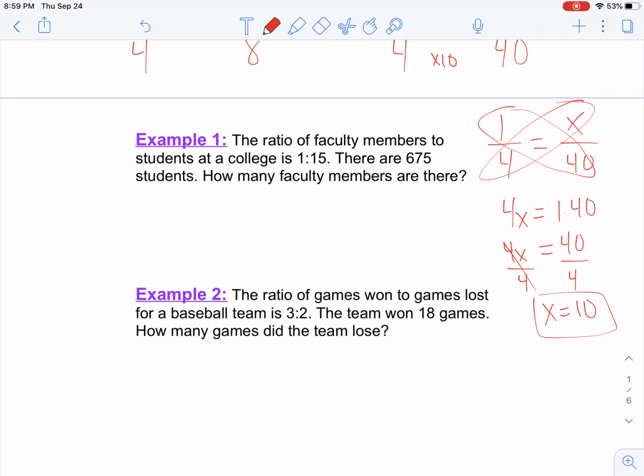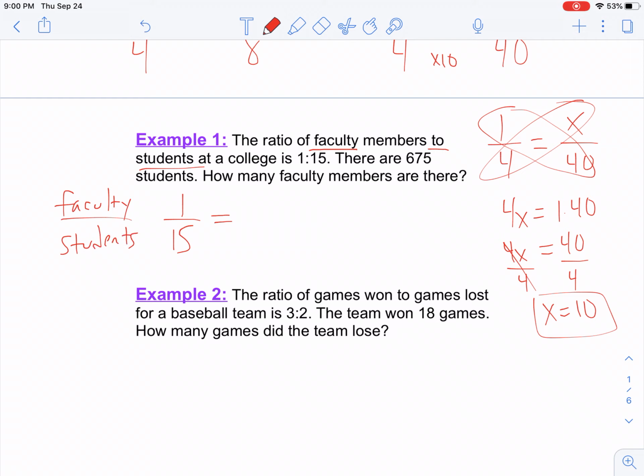So the ratio of faculty members to students at a college is 1 to 15. There are 675 students. How many faculty members are there? The only thing you really have to be careful of is knowing what the numerator represents and what the denominator represents. It says the ratio of faculty to students. That means the top is faculty, the bottom is students.